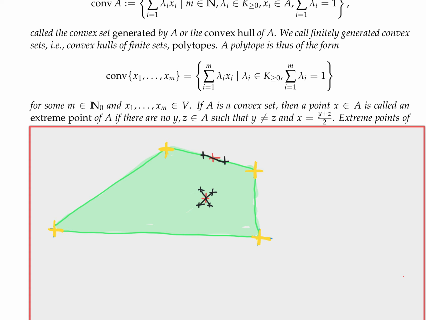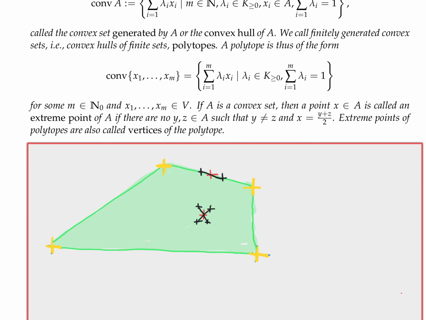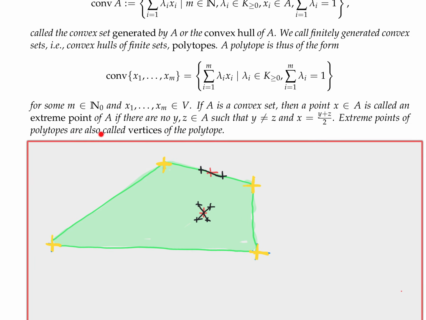Some people would perhaps call them the corners, but I think the usual way of saying it is that these are the vertices of a polytope. Good, so let's define this. Extreme points of polytopes are also called vertices of a polytope.